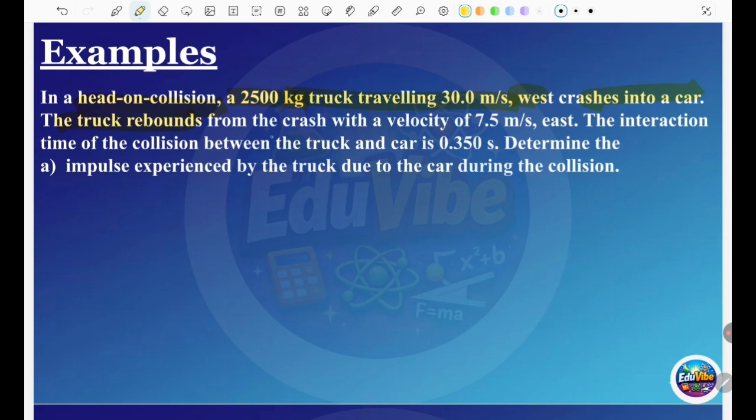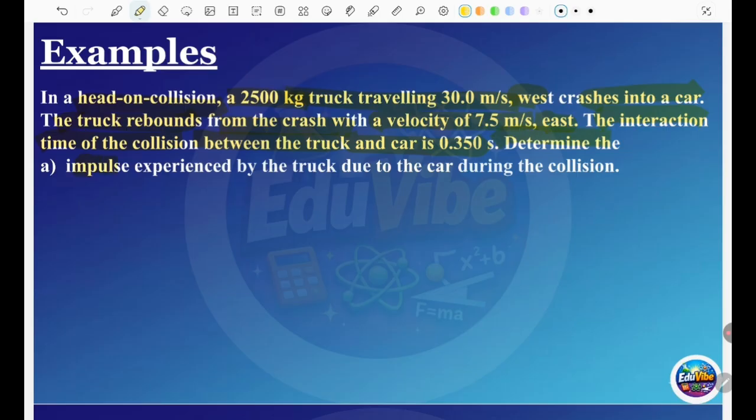The car rebounds from the crash with a velocity of 7.5 meters per second, in the direction of east. The interaction time of the collision between the truck and the car is 0.350 seconds.